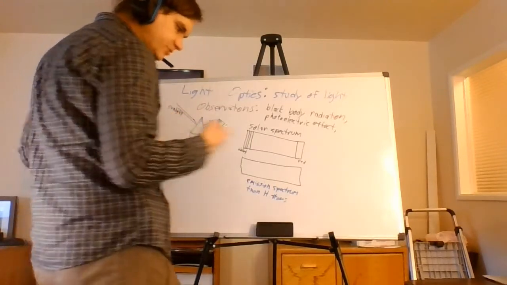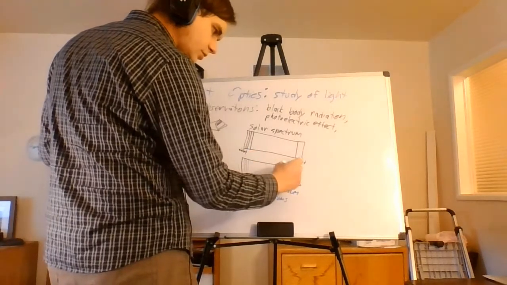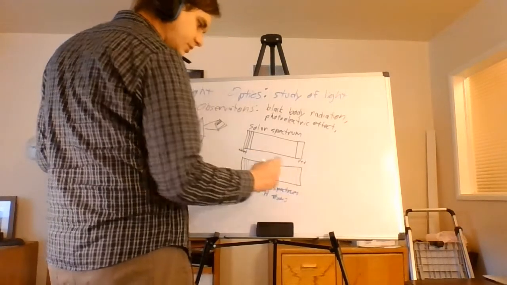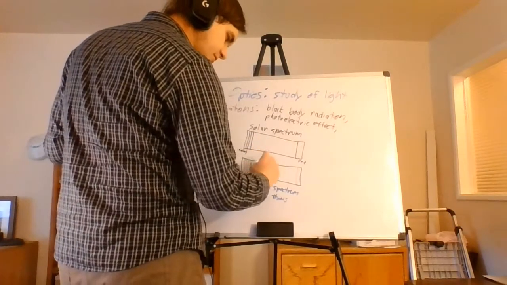And that emission spectrum had bright spots where the sun had dark spots, and it was dark everywhere else.